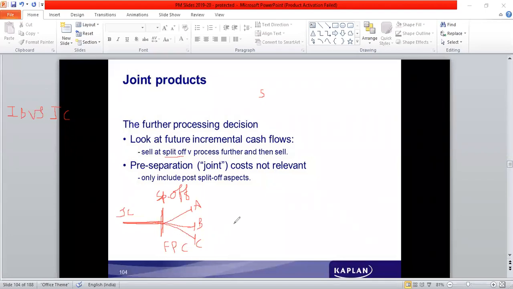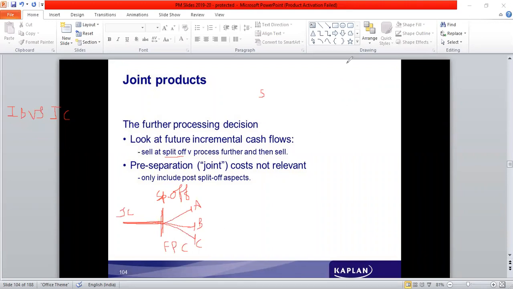How do we get the incremental benefit? The difference between the sale value after further processing versus the sale value at the split off point. So find out the difference between these two. That is the incremental benefit. Then compare that with the incremental cost and then take a decision.